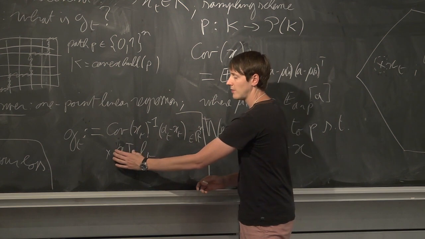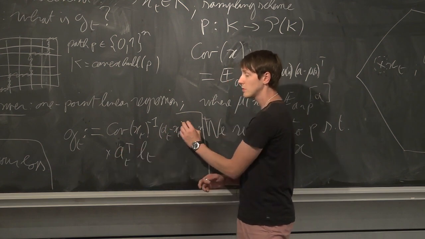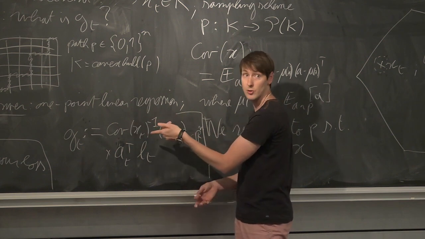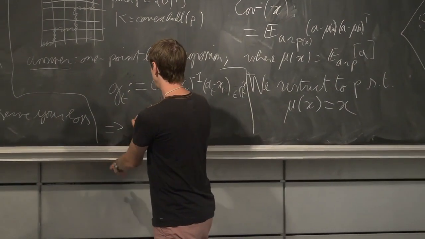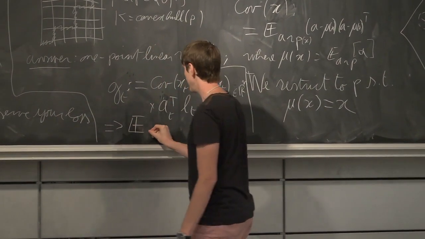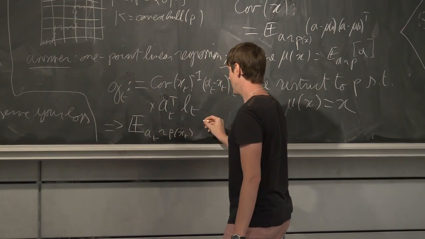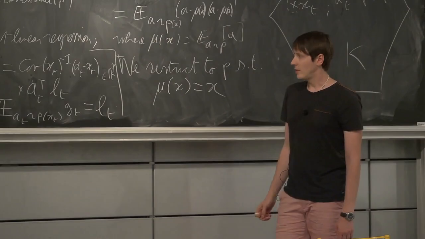So I have At minus xt transpose, which in expectation is the covariance of xt. So it cancels with the inverse covariance. So the expectation of gt, when At is sampled from p of xt, is equal to Lt. Very good.